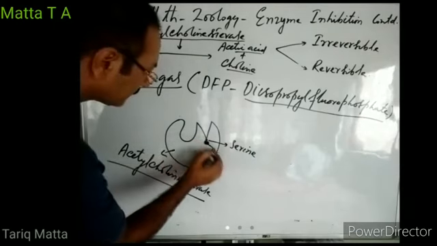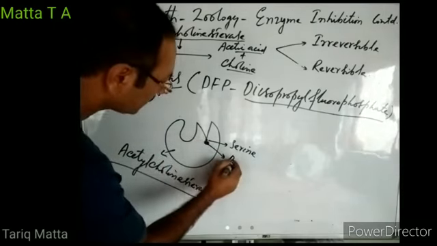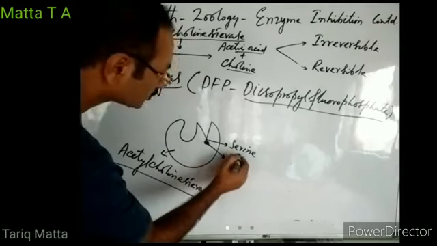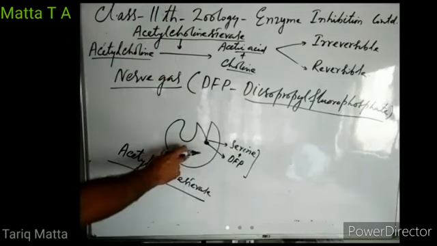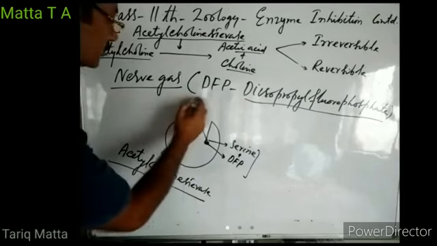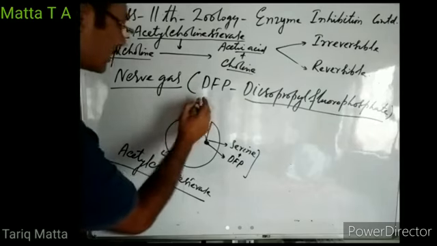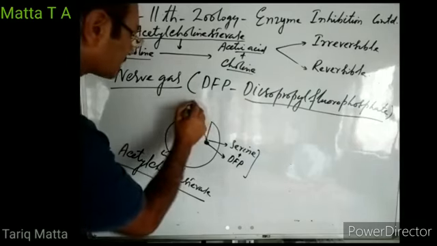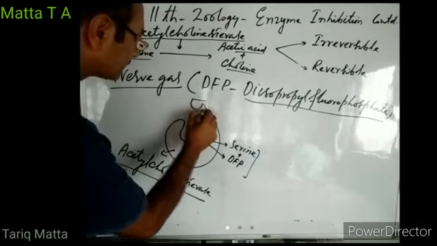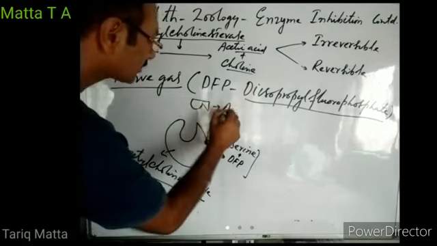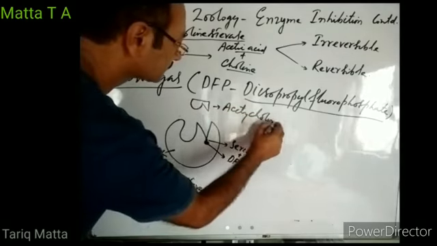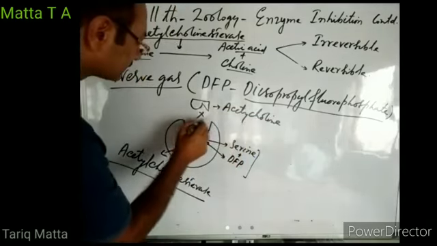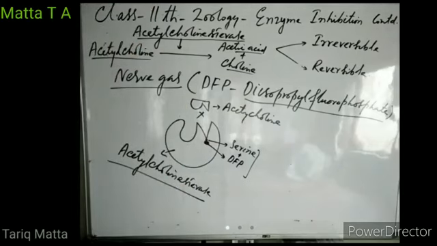When DFP binds to serine, this acetylcholine esterase cannot bind to its substrate. This is acetylcholine, the substrate. It cannot join to this enzyme.